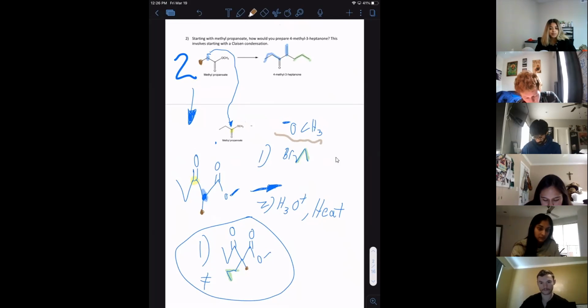Once you've done that, these two are going to react with each other. One is going to turn into the nucleophile, denoted with the blue highlighter. The other one's going to turn into an electrophile, as denoted with the yellow highlighter, as I've done in the past. And remember where this little ethyl or methyl is coming from.